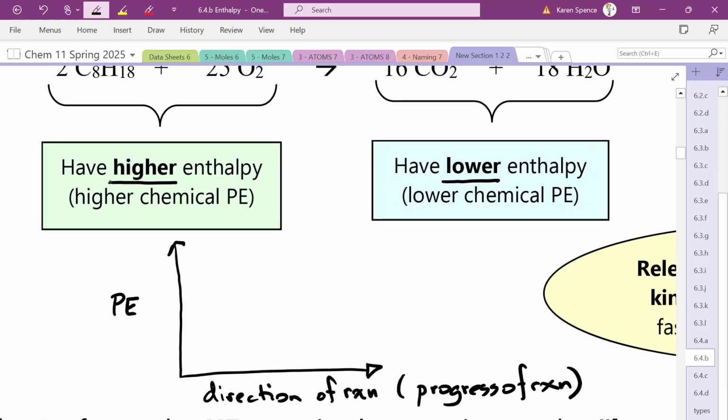So we are told that our reactants have a higher enthalpy and our products have a lower enthalpy. So should I start my graph high or should I start my graph low? Reactants have a higher potential energy. Products have a lower potential energy. Should I start my graph high or low? High, thank you. So these are our reactants. I'm just going to put R for reactants. I'm going to put P for products.